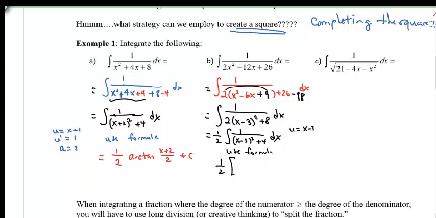U, I think, is x minus 3. U prime is equal to 1. And a equals 2. So, 1 over a arctangent of u over a plus c. Okay? 1/4.